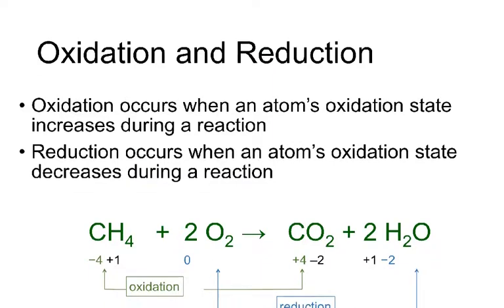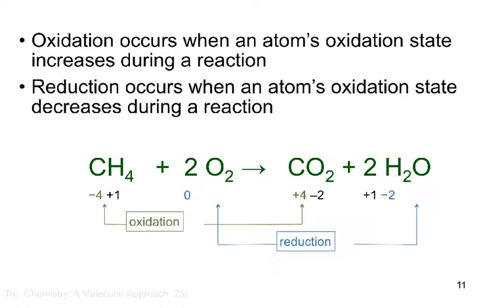All right, oxidation-reduction reactions. In addition to oxidation being losing electrons and reduction being gaining electrons, another way to look at oxidation is when an atom's oxidation state increases during a reaction. So here our carbon has a -4, and carbon in carbon dioxide is a +4, so it's increased, so it's been oxidized.